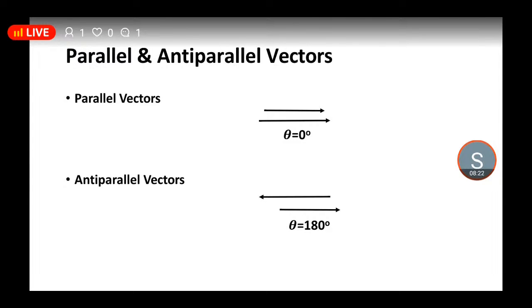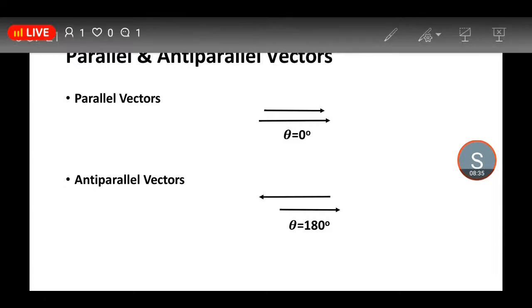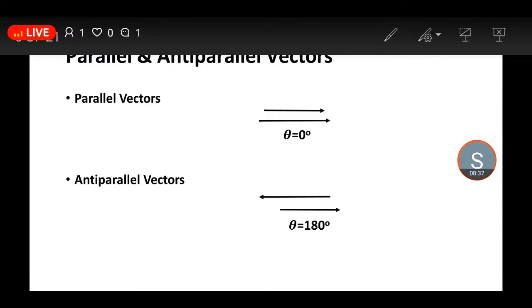Now we'll learn parallel and anti-parallel vectors. Parallel vectors are those vectors which have the same direction. They are parallel to each other, and the angle between them is zero.